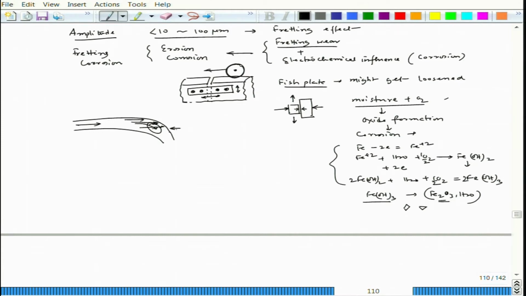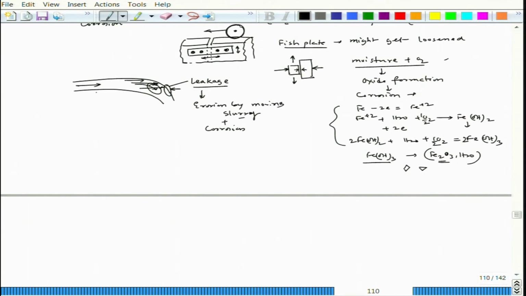So, there is a possibility that this segment might get leaked. This segment leakage can happen. This is the effect of erosion by moving slurry plus corrosion. Now, when we talk about slurry movement leading to erosion action, if you zoom in on the slurry's tiny particles, a particle might look like this, a sharp cornered particle.